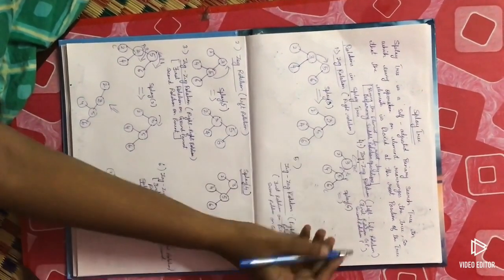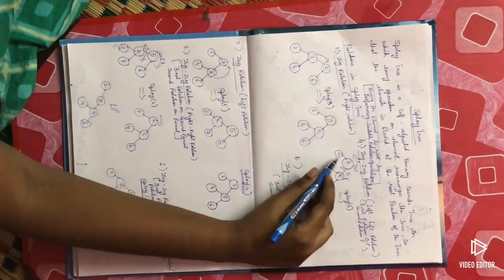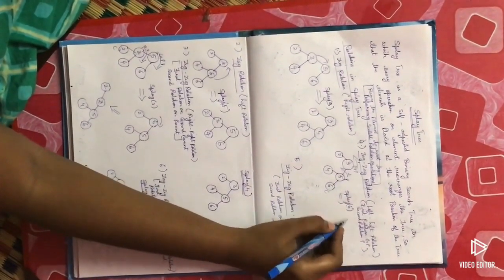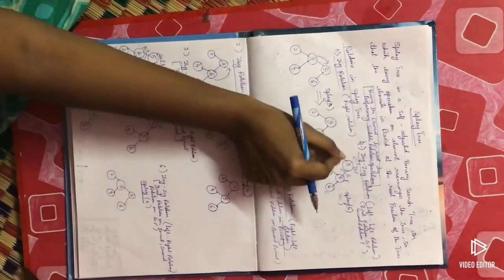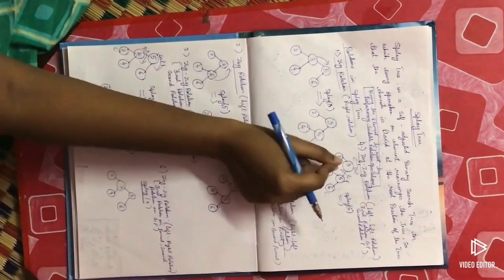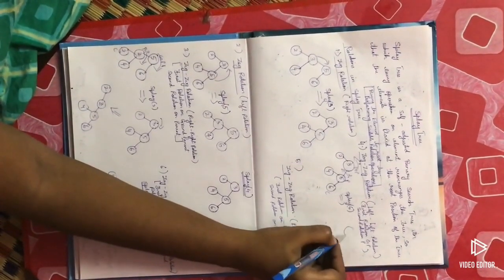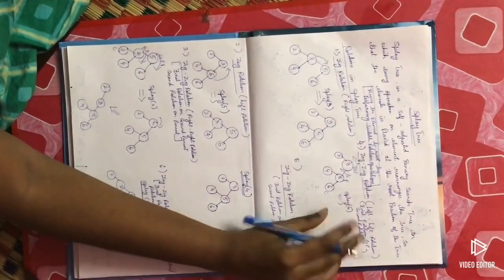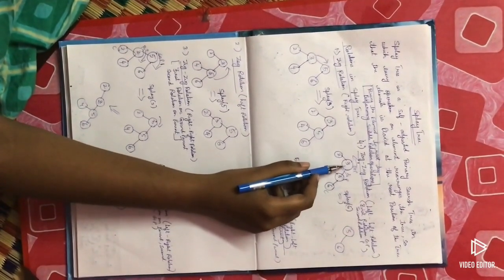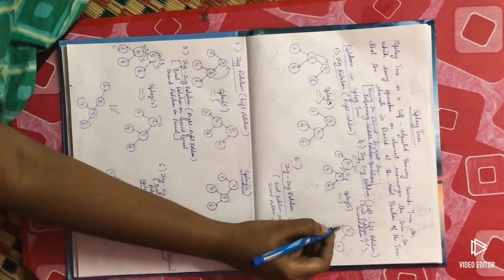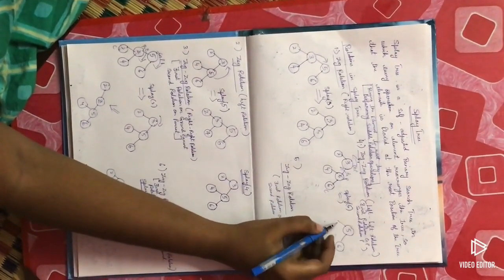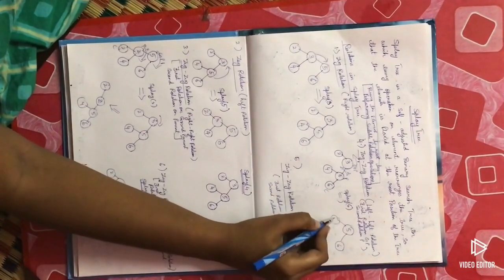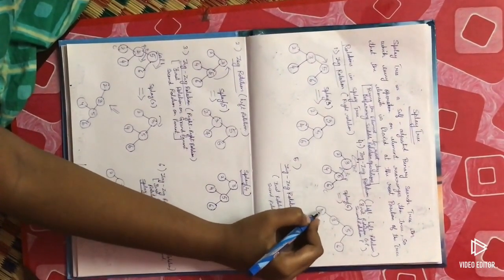So first step, I will rotate this 3 downward. Now what will happen? 5 will go to the root. This 3 and 2 will come down. So first I will write 5, and the right side element is 6 because there are no changes there. Now if I pull this 3 and 2, this 3 will come here and 2 will be here.